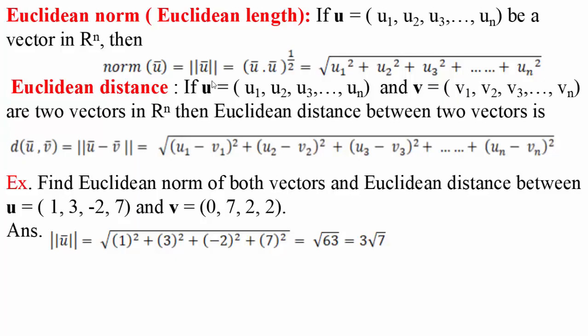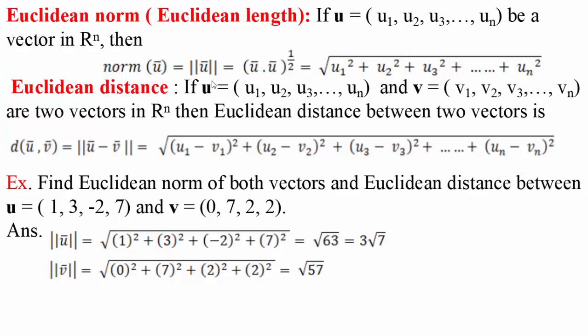So, norm of u becomes the square root of 1 square plus 3 square plus (-2) square plus 7 square. 1 square is 1, 3 square is 9, (-2) square is 4 and 7 square is 49, and it becomes the square root of 63. Square root of 63 can be written as 9 into 7, and square root of 9 is 3. Therefore, square root of 63 can be written as 3 root 7. Hence, norm of u equal to 3 root 7.